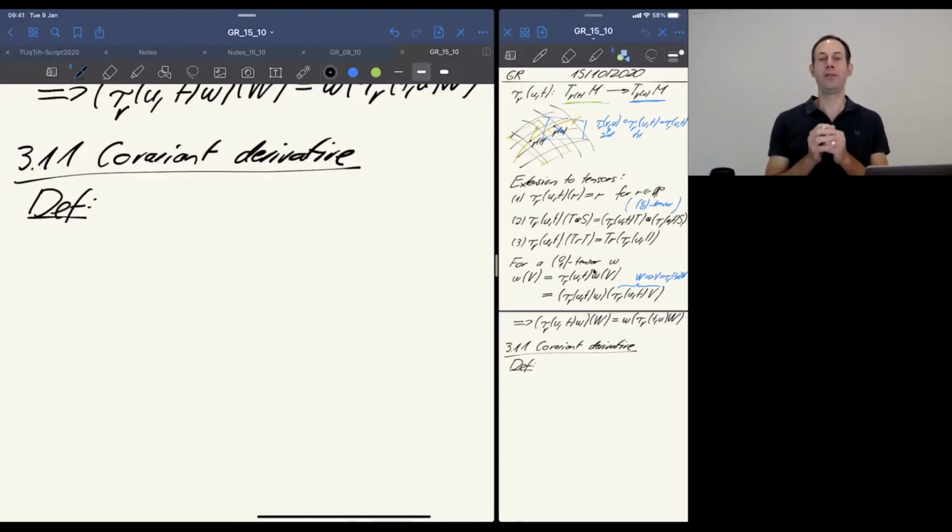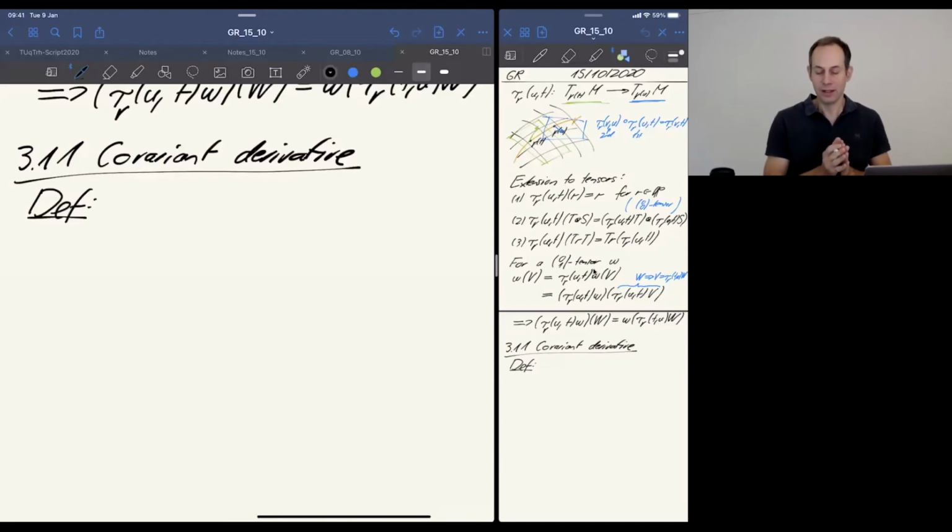You would not get physical laws that are independent of the coordinate system. You would get chart-dependent physical laws. And I explained at the beginning of the course that physics is really, in my sketches, usually on the left-hand side, where we have the manifold and not the chart. So we want the chart-independent notion of a derivative, and the covariant derivative is exactly such a thing.